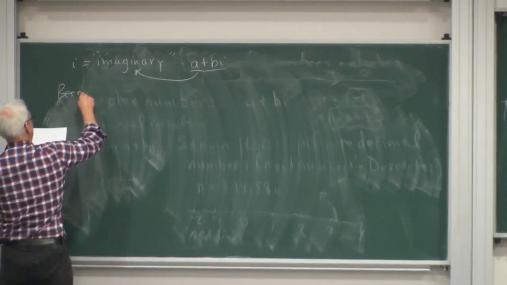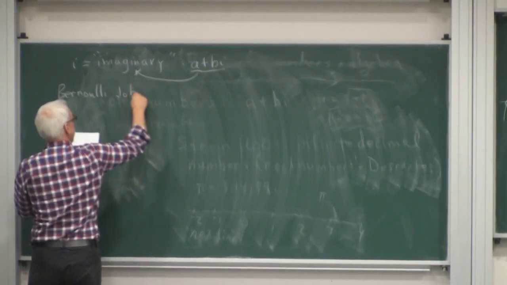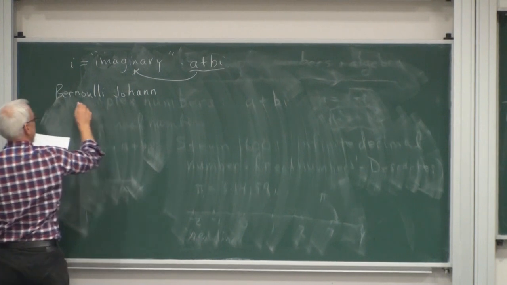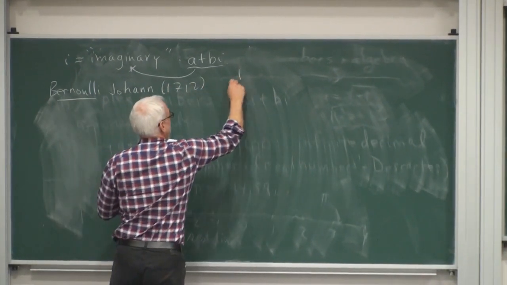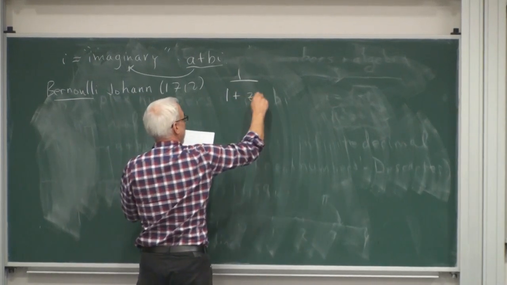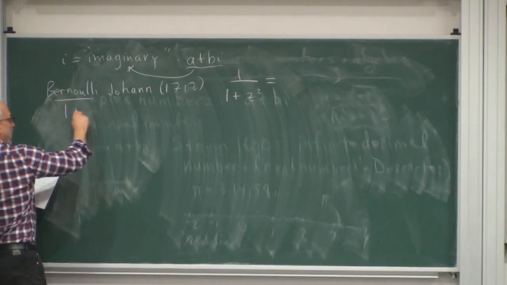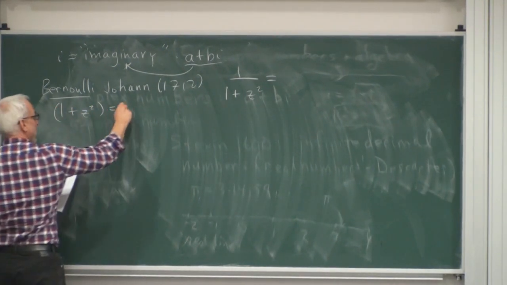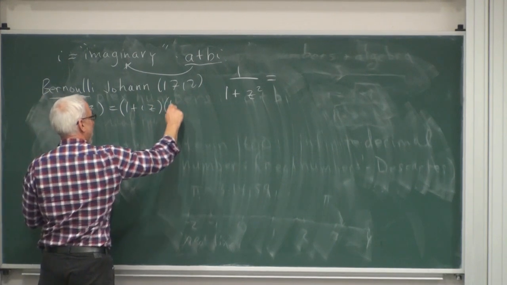One is the work of one of the Bernoulli brothers, Johann, who in 1712 realized that you could factor 1 plus z squared as 1 plus iz times 1 minus iz.